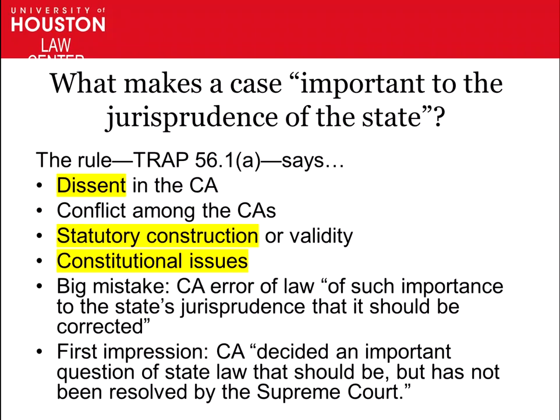Statutory construction or the validity of a statute also gets their attention and is listed in TRAP 56.1A. Constitutional issues are also considered important to the jurisprudence of the state, although they only reach constitutional issues usually if there isn't some other, more straightforward way to resolve it.